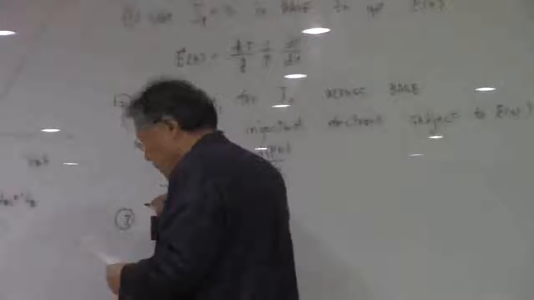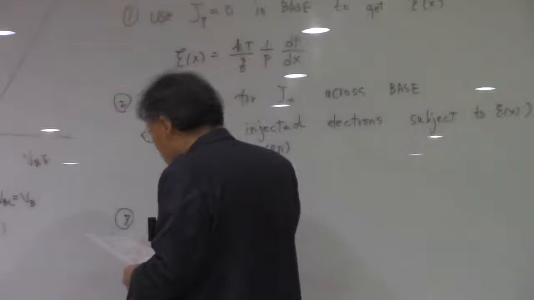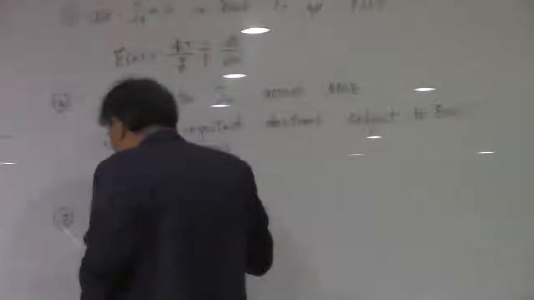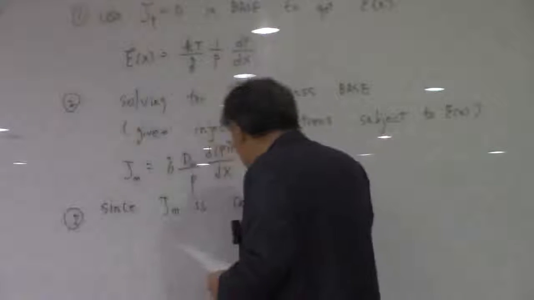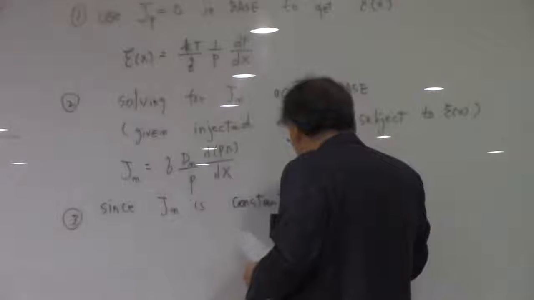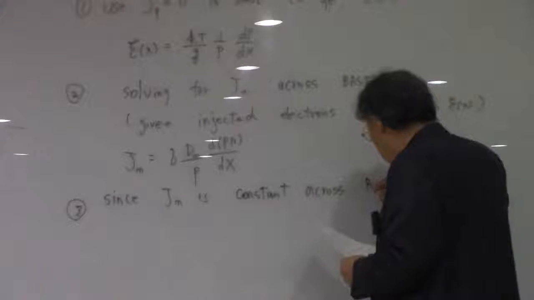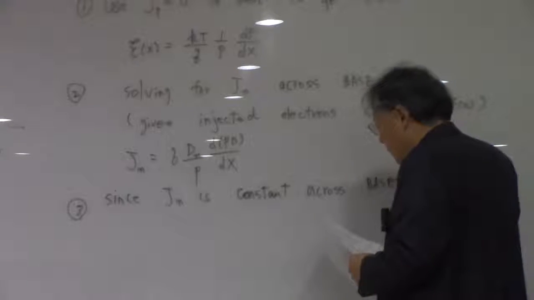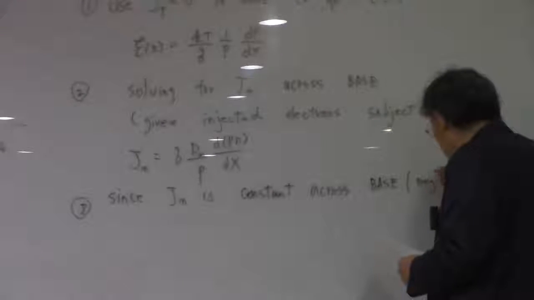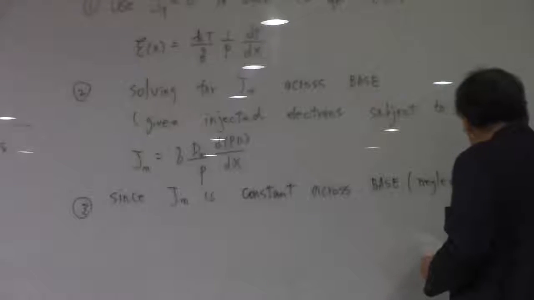Then since Jn is constant across base, obviously we're neglecting recombination.